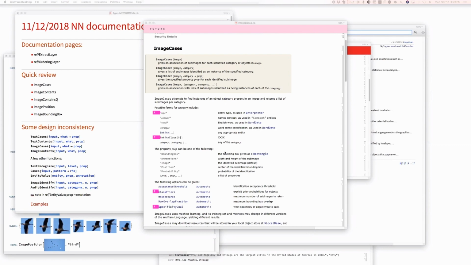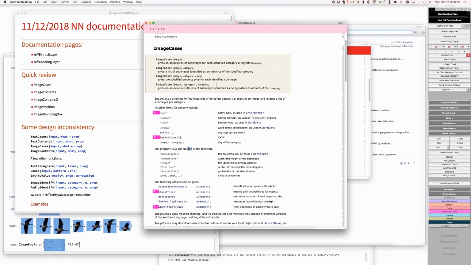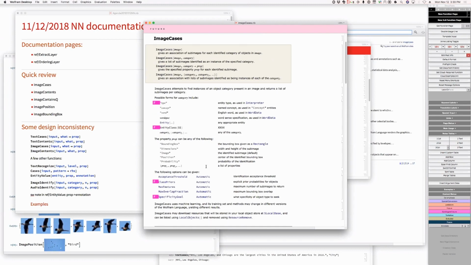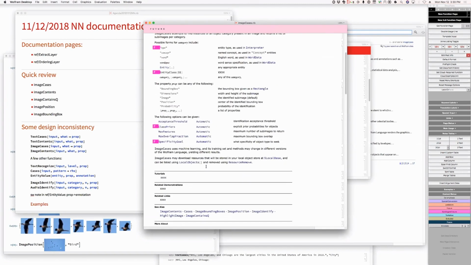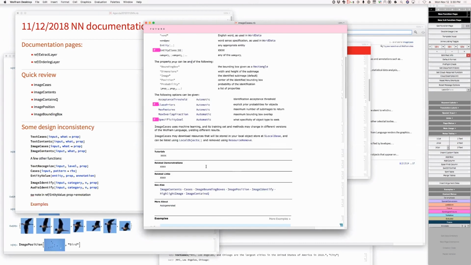Okay, sorry. Let's property prop can be... Okay.